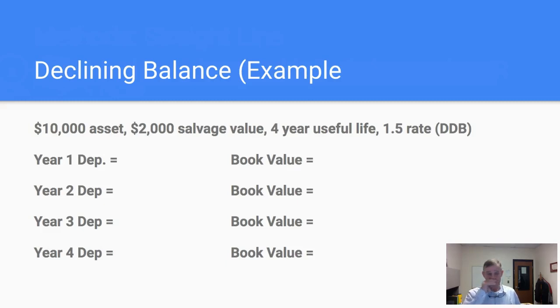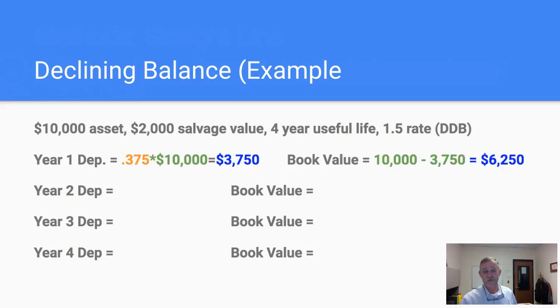So, in this case, where this asset, I put this slideshow together before I asked you that question. So I'm going to take you through that, okay? So anyway, in year 1, if we use a 1.5, this is another way of short-circuiting this calculation.